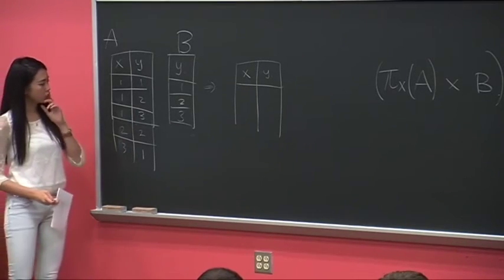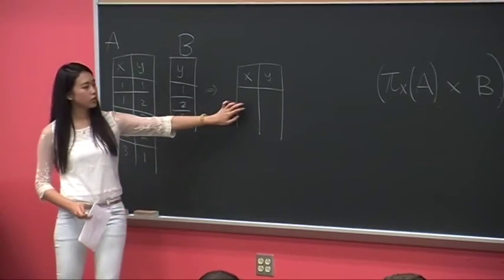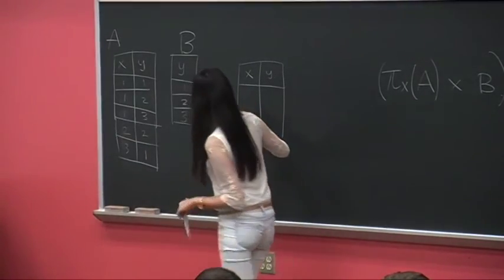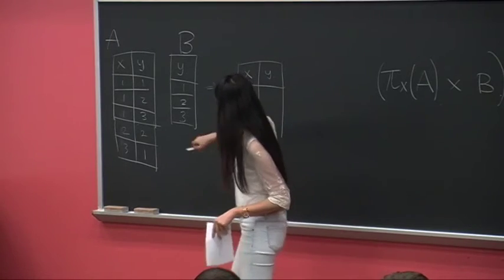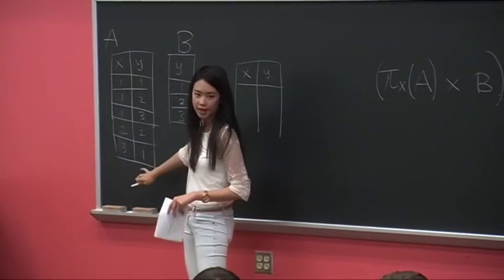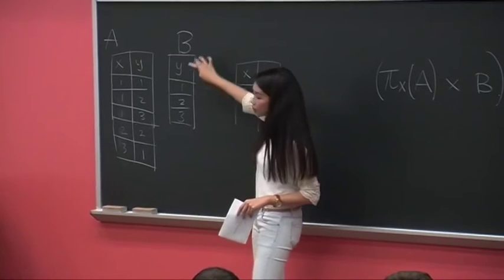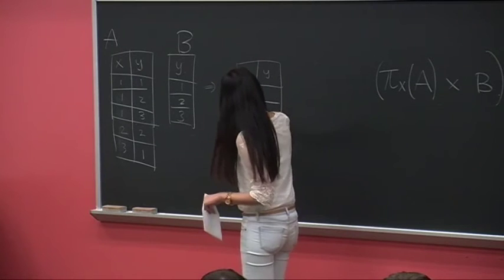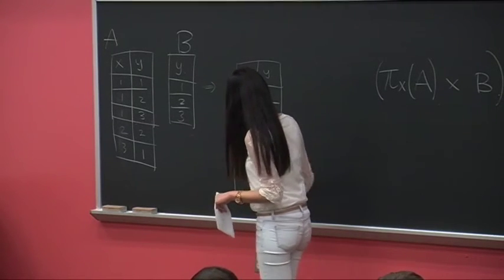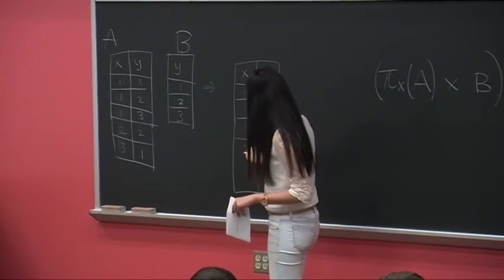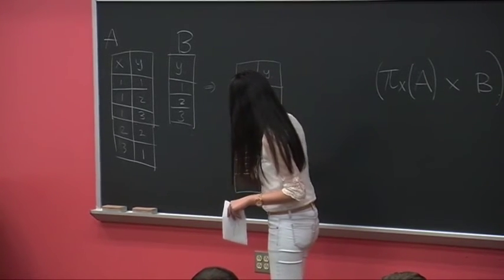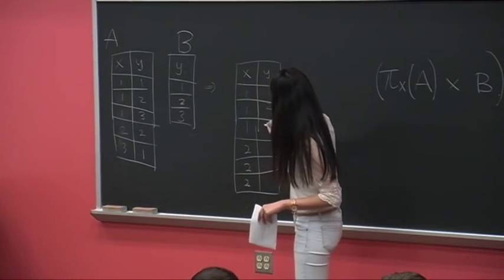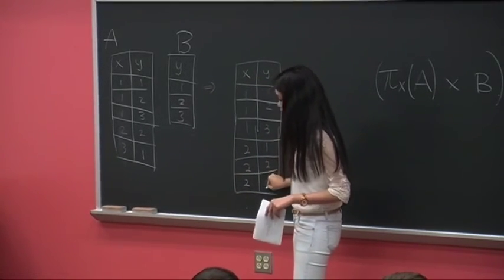Okay, so if we do this after the cross product, it will completely transform into all of the possible x in A, taking cross product with all of the possible y's in B. So then that will give you 1, 1, 1, 2, 2, 2, and then 3, 3, 3. And then here it will be 1, 2, 3, 1, 2, 3.